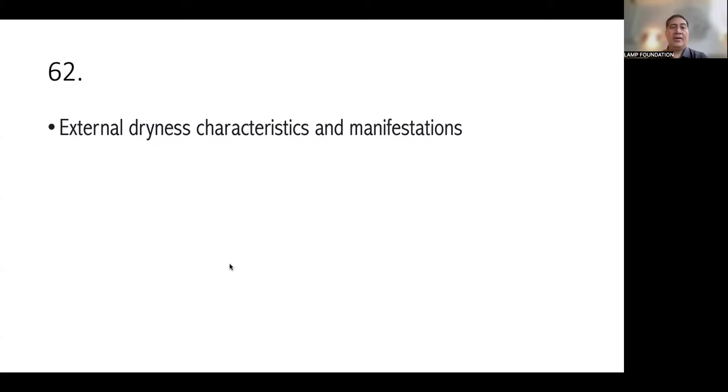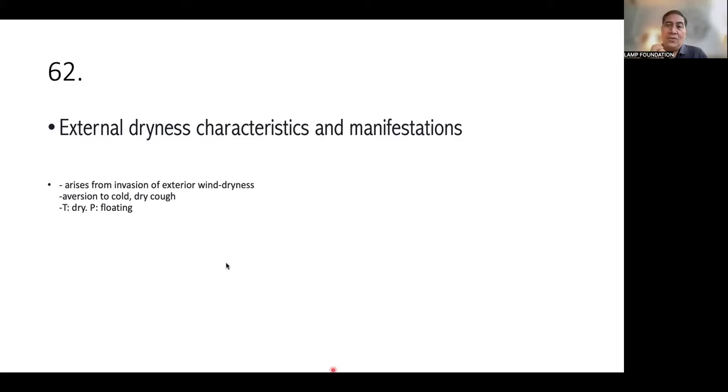Next, what are the characteristics and manifestations of external dryness? It arises from the invasion of exterior wind dryness. There is aversion to cold, dry cough, the tongue is dry, and the pulse is floating.